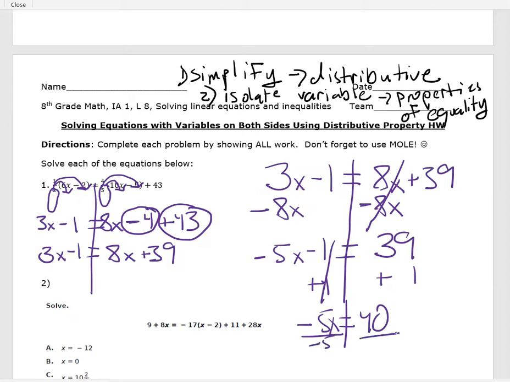I divide both sides by -5, and I'm left with x is equal to -8. So 40 divided by 5 is 8. So x is equal to -8. So we see that I got the same answer even though I did the equation in a slightly different way.